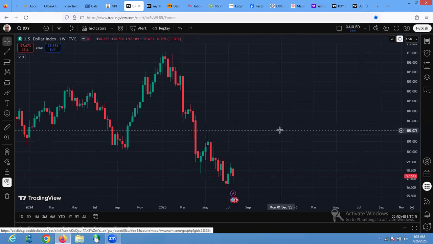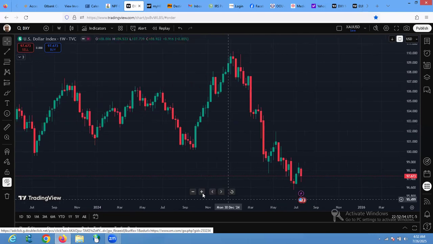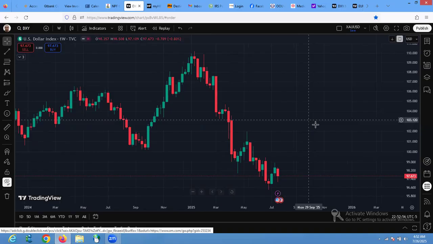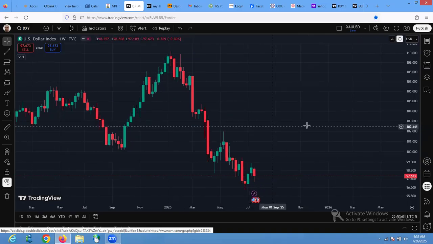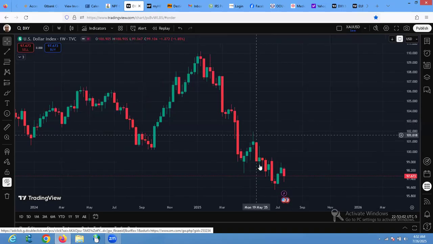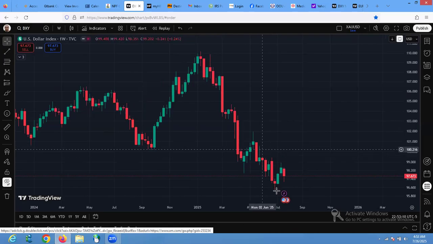But even here on the weekly time frame, what can we see? Let me still shift this to the middle. On this last wave, you can see the first impulse to the downside, and this appears to be the second wave. And to the downside here, it looks like a wave 3, the end of a wave 3. And for this one, we think it is wave 4 or 5.